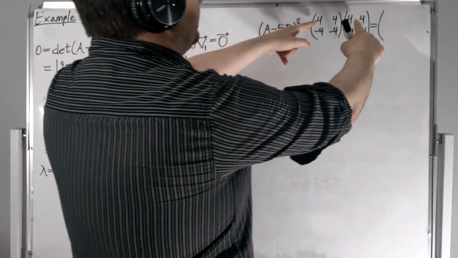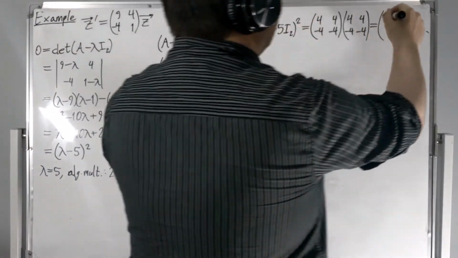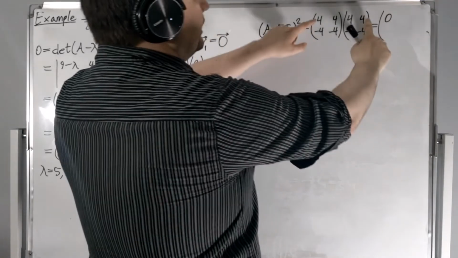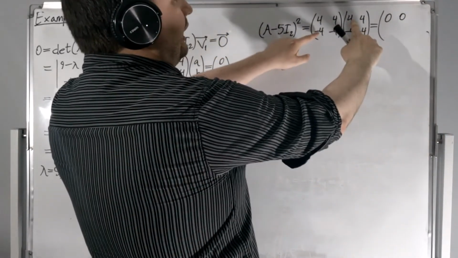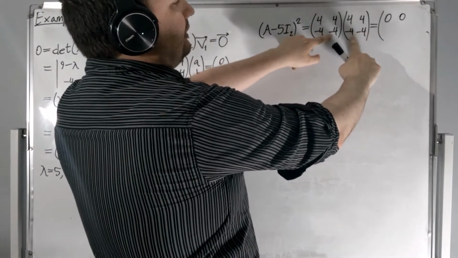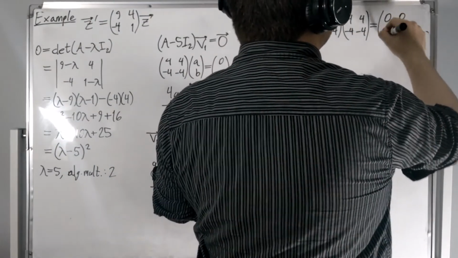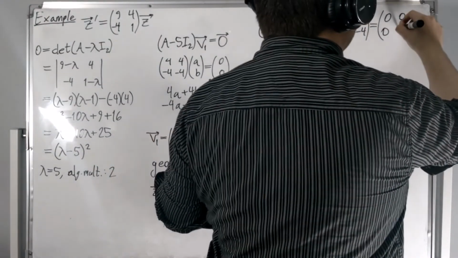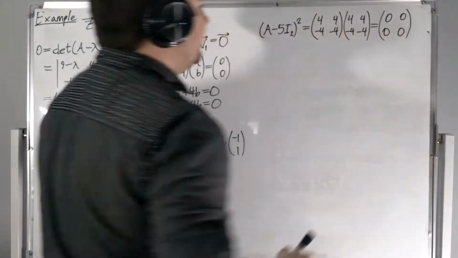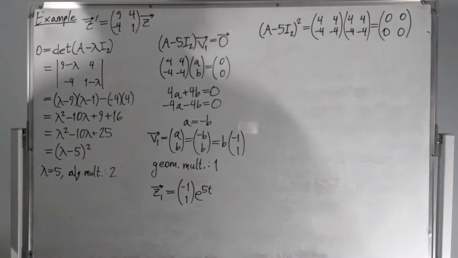So let's see. 16 minus 16 is 0. 16 minus 16 is 0. Negative 16 plus 16 is 0. And then negative 16 plus 16 is also 0. So the matrix that we're dealing with is 0, 0, 0, 0.